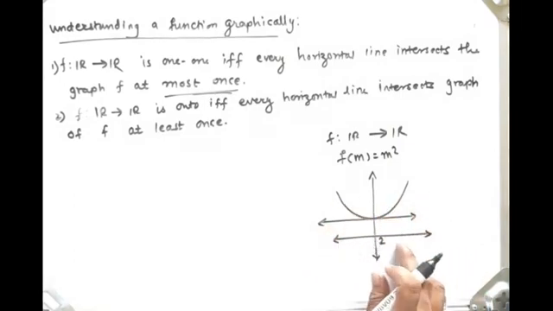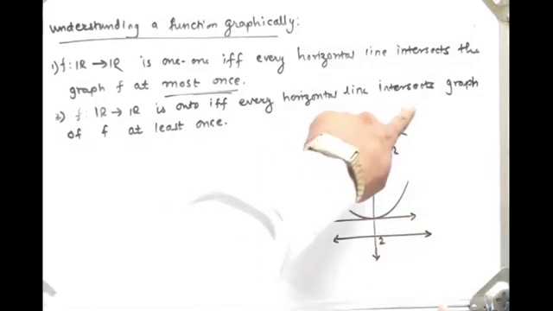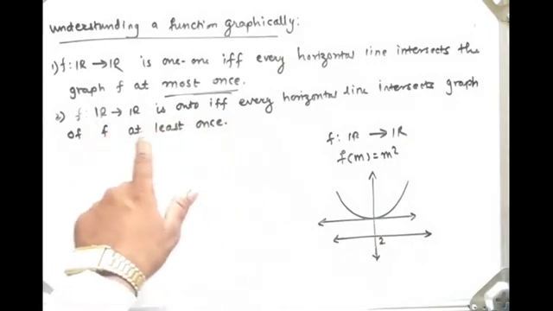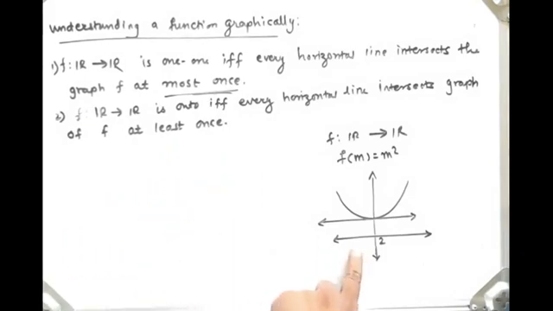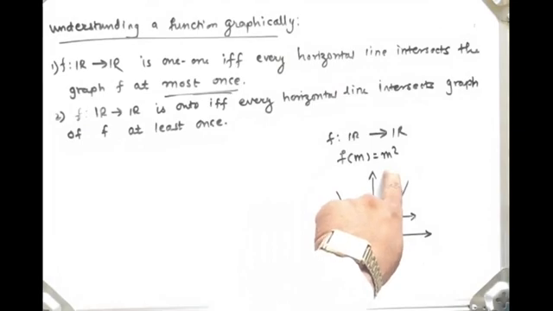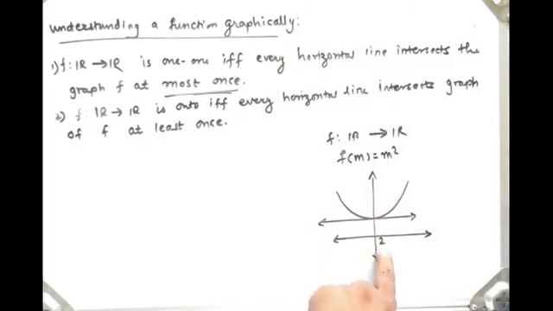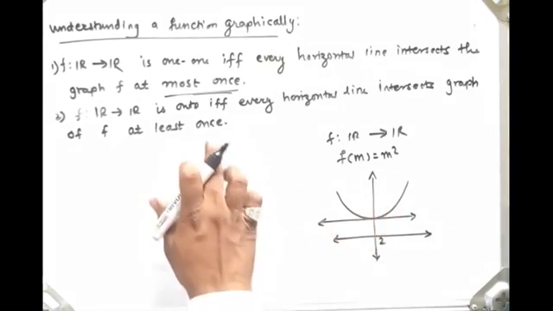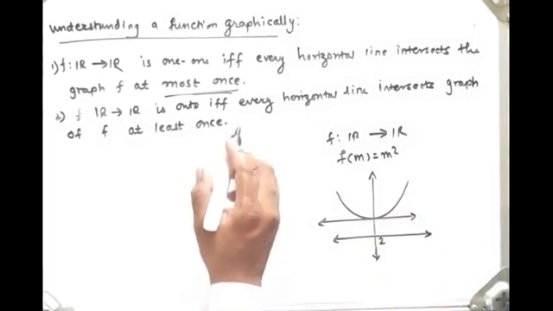A function is onto if and only if every horizontal line intersects the graph at least once. Here there is no intersection between the graph and the line, so f of m is equal to m square is not an onto function, which means 2 has no pre-image in this function. So this is the geometrical or graphical meaning of one-one and onto functions.